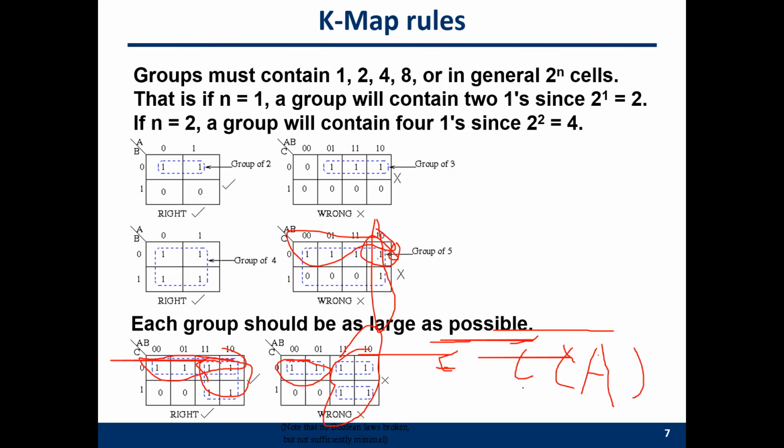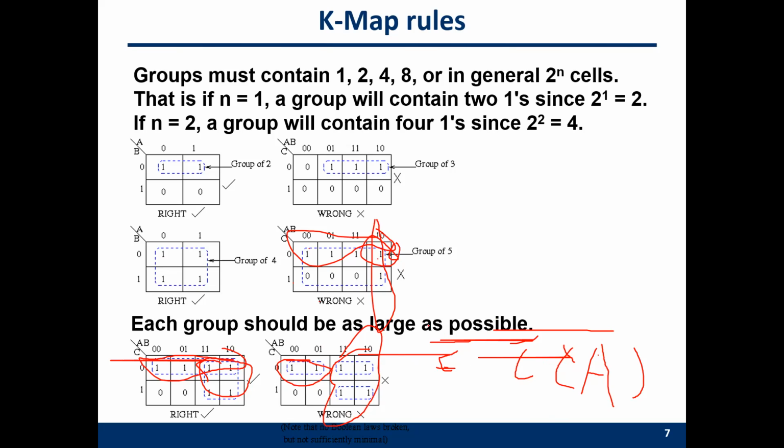You can see that this part is more complex than the C bar only. Because in order to implement the C bar only, we just need a NOT gate. But here we need 2 NOT gates and 1 AND gate. So you need to draw the group as large as possible.